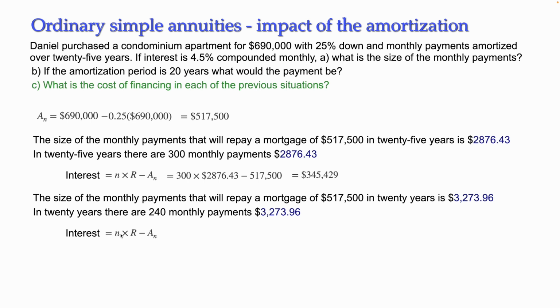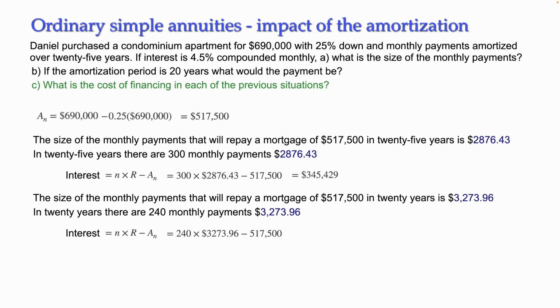So always, when you have a problem that involves present value, the interest is actually in the payments. It's different when you are saving money. If you are saving money, the future value will be bigger than the actual contribution. So if you are saving, the interest will be future value minus n times r. Now, in this case, it's the opposite. It will be n times r first and then the present value.